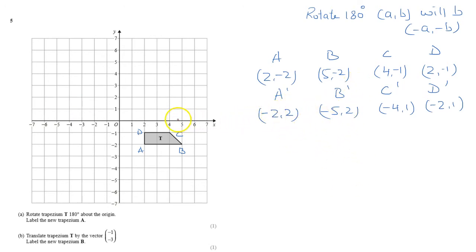So let's plot the coordinates (-2, 2), (-5, 2), (-4, 1), and (-2, 1). If I join these, I'm getting this figure.